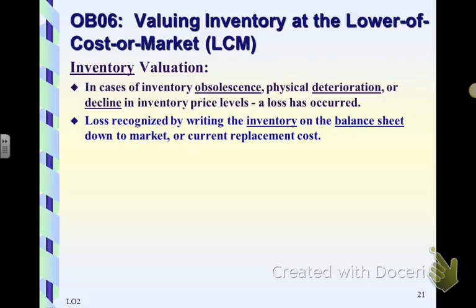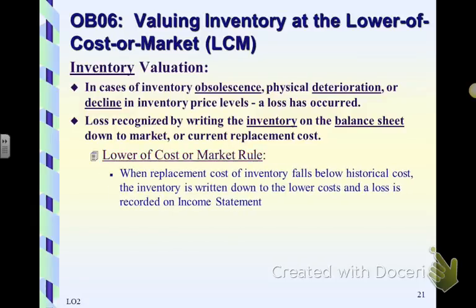Some of you, I've seen it on your financial statements. You'll see something like, loss on value of inventory, or operating loss, or some item that they're stating on their income statement because of maybe an inventory valuation change. And that's basically the lower of cost or market rule.